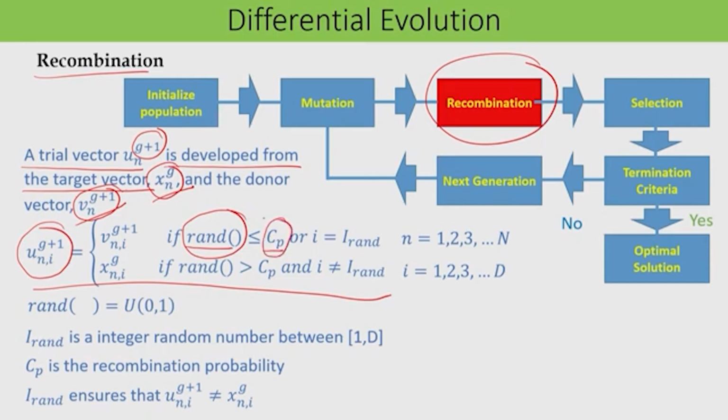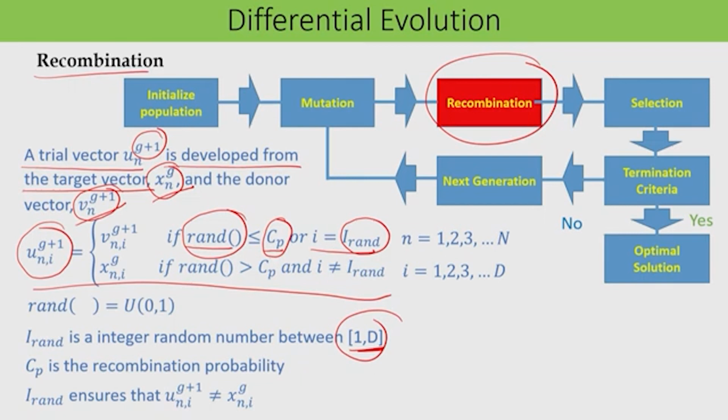Again, Cp is a parameter of this algorithm. We will define Cp, and if it is less than Cp, or i equals i_rand, where i_rand is also generated randomly between 1 and d.